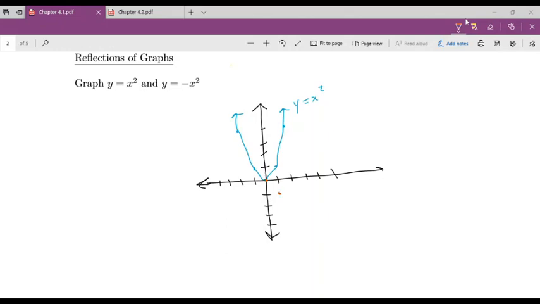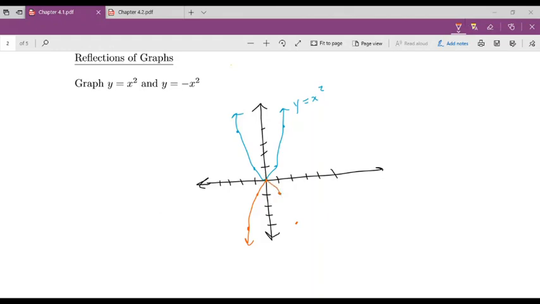Okay, if we plug in 2, 2 squared is 4, and a negative out front will be negative 4. Same thing here, negative 1 squared is 1, with a negative out in front of it is a negative 1. Negative 2 squared is 4, with a negative out front is a negative 4. Okay, so what this winds up being is a parabola facing down.